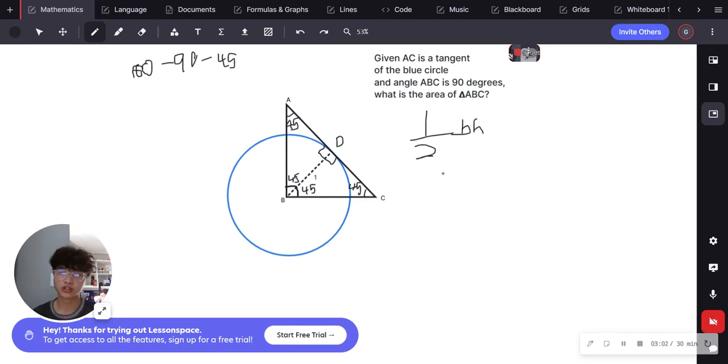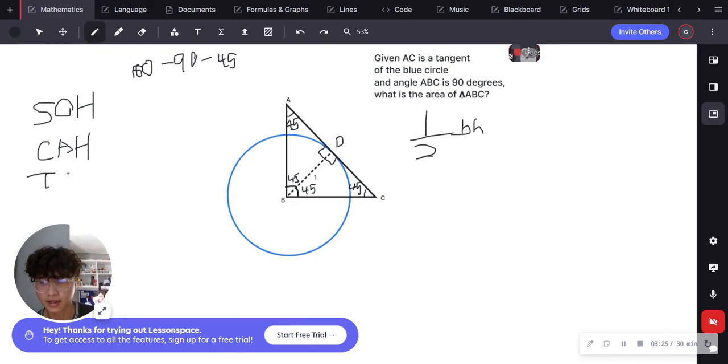Now the trig rule is SOHCAHTOA. This means sine equals the opposite side over the hypotenuse. Cos is the adjacent side of the angle over the hypotenuse, and tan is the opposite side divided by the adjacent side.